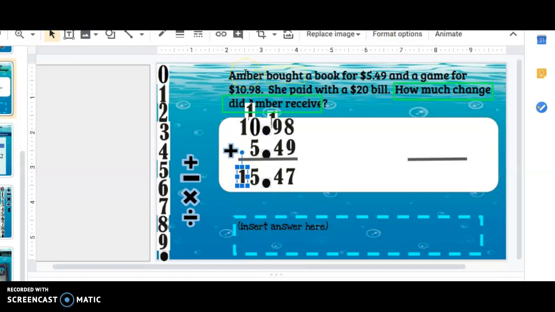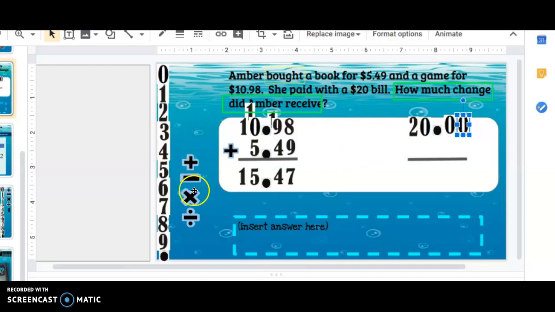So in this case, Amber is going to be subtracting from $20. And hopefully you remember when we have a whole number and add a decimal point, it always goes after the number. And then we place our 2 zeros, and you can always add more if you need. You don't have to just do 2, but 2 is that comfort amount.